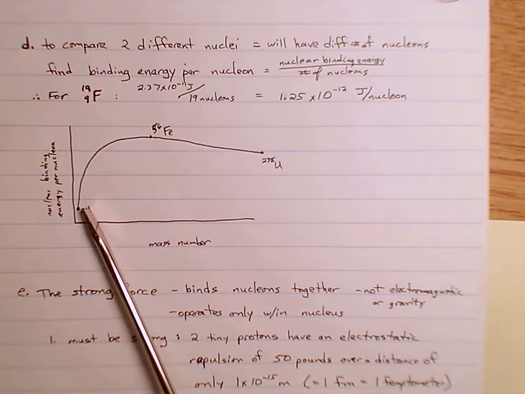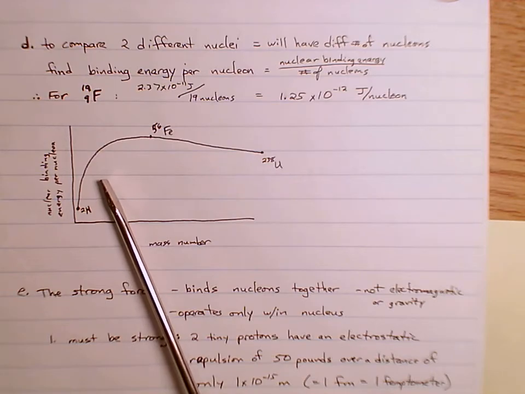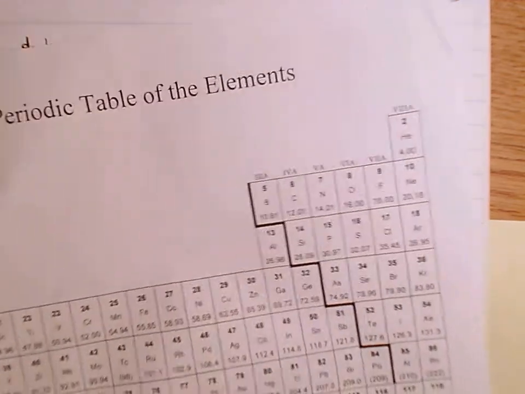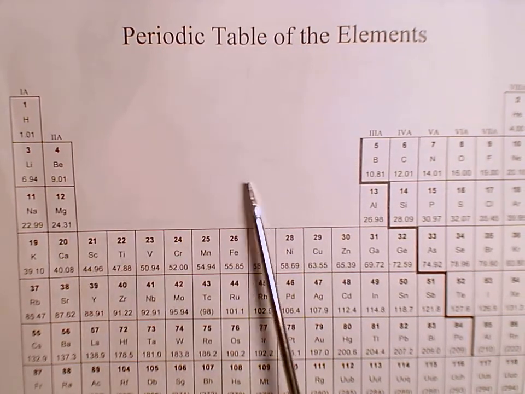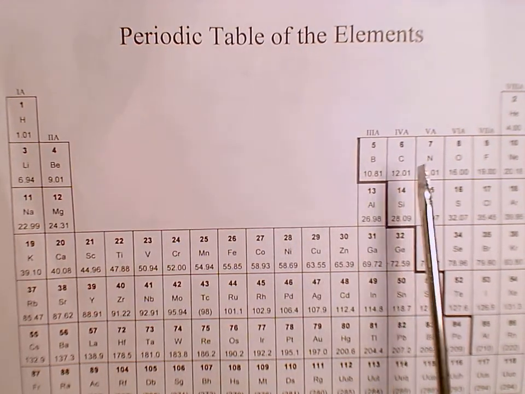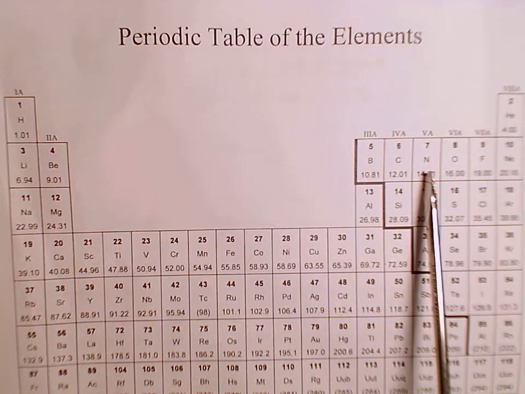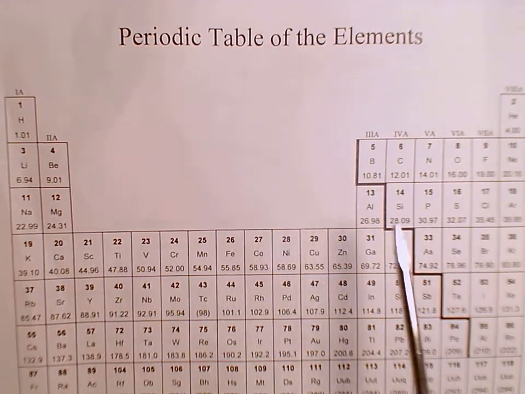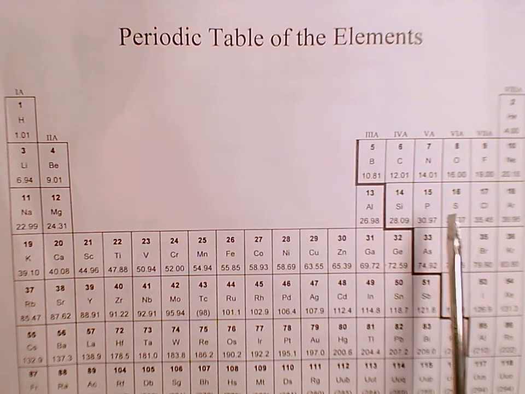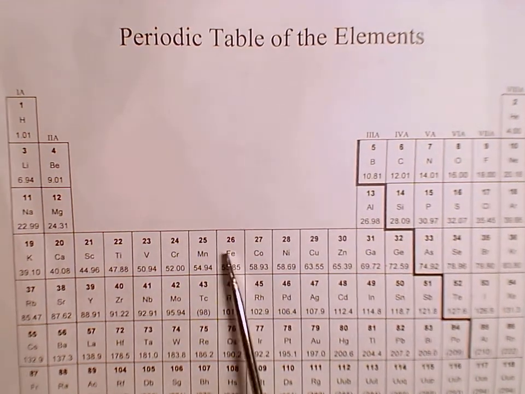So when we go from hydrogen through the periodic table to iron, these nuclei get more and more stable. The nitrogen nucleus is a little more stable than the carbon, and so forth. There's some minor variance in here. Silicon is more stable. Chlorine is even more stable up till we get to iron.